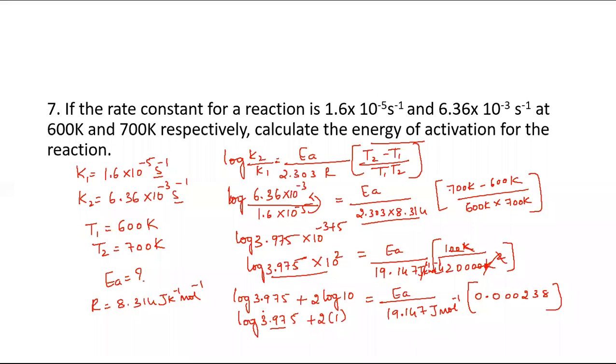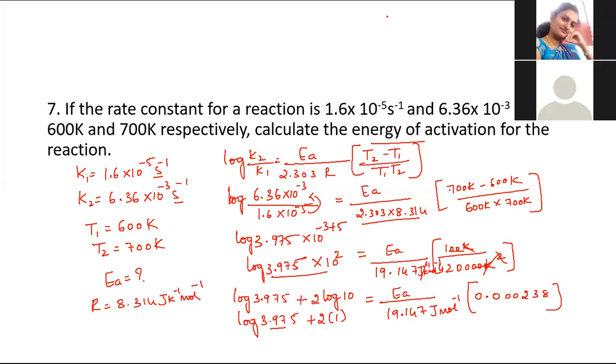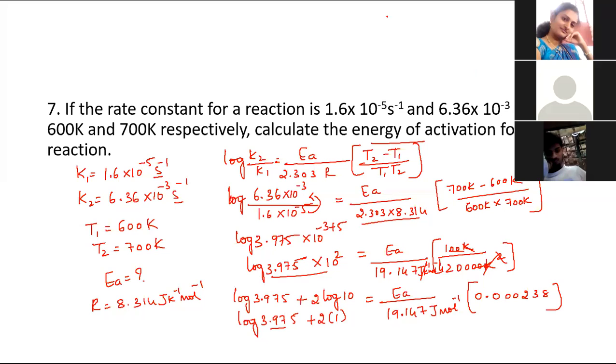So now you people tell me the log value of 3.975. So what we have to see, that is 39 at 7, and mean difference 5, right?